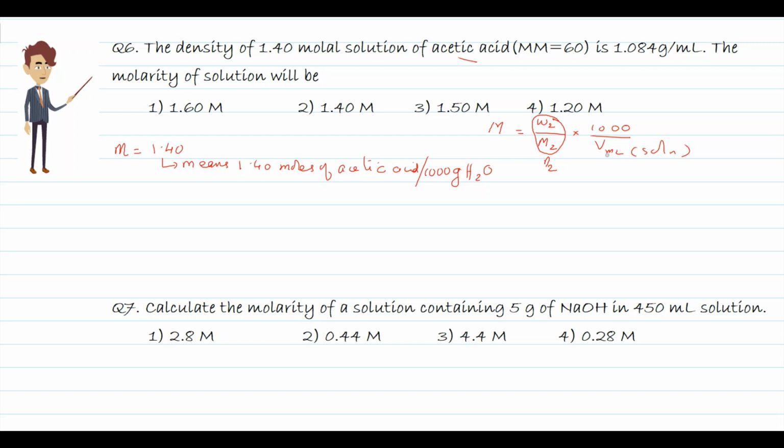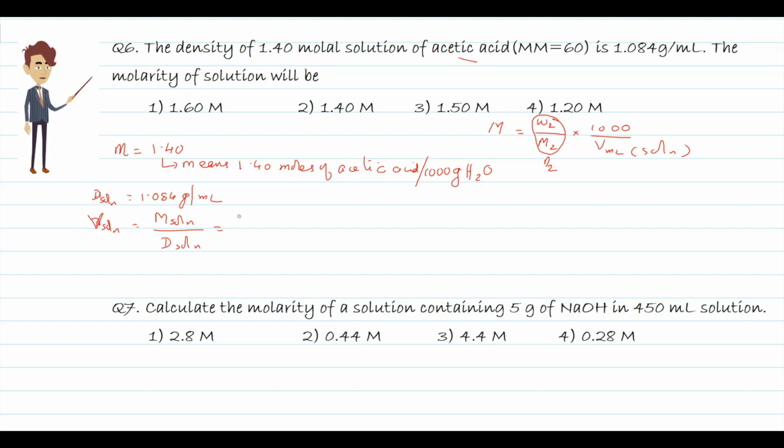Then the next task is finding out the volume of solution. For this we have been given the density of the solution, 1.084 grams per milliliter. For converting density of the solution into volume of solution, we use the equation: volume of solution is equal to mass of solution divided by density of solution.